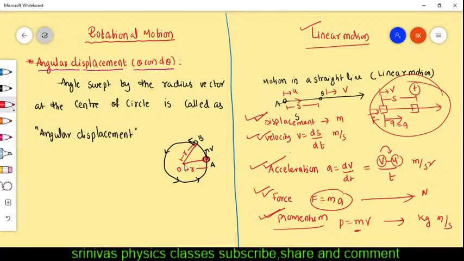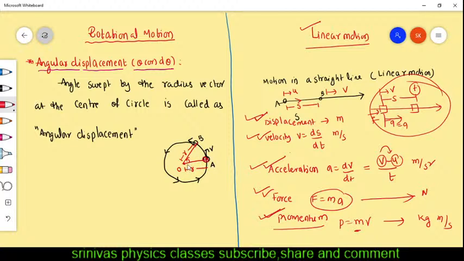Now this angle, right? When the object moves from a to b, this radius vector is rotated by some angle. You see here, the radius vector is rotated from this line to this line. Its position is changed. That is the angle swept by the radius vector.